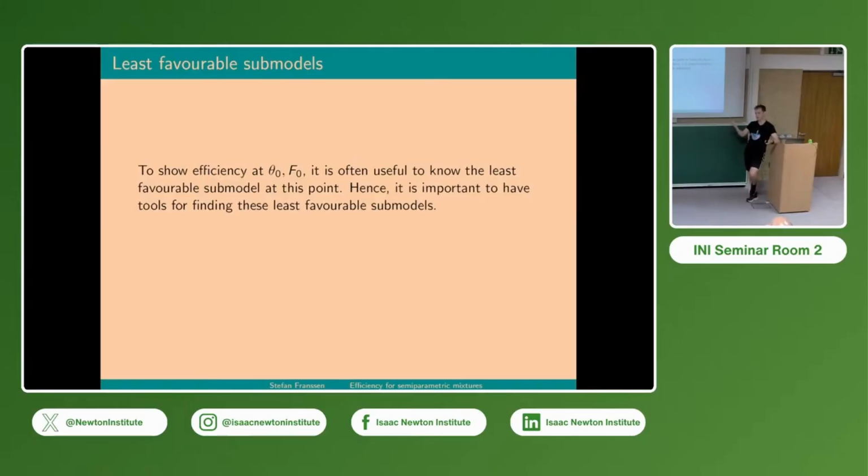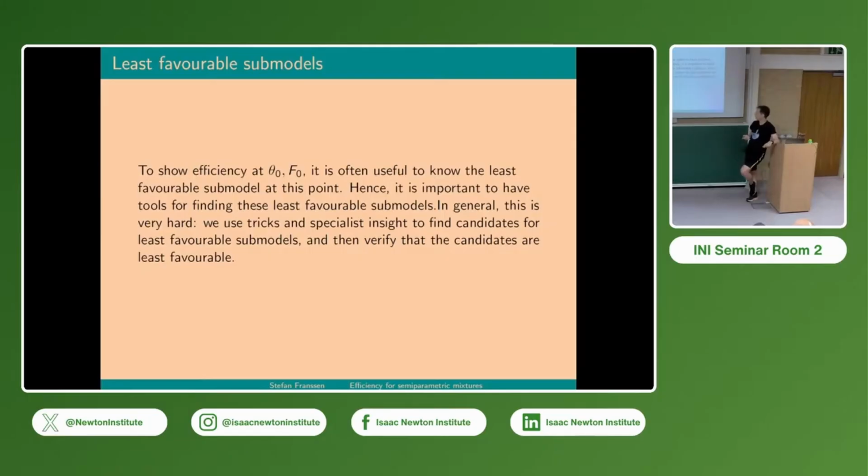It's the hardest parametric model that we can create within our semiparametric model, and that really determines how easy it is to estimate these parameters that we want to estimate. There are a lot of tools and tricks available, but for the most part, it's tools and tricks, and you have to remain dedicated. You have to do targeted inference for a particular model.